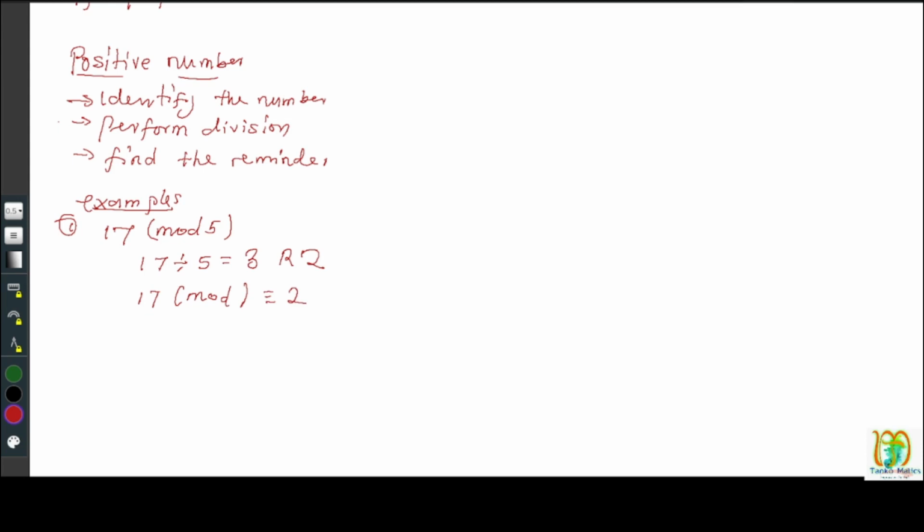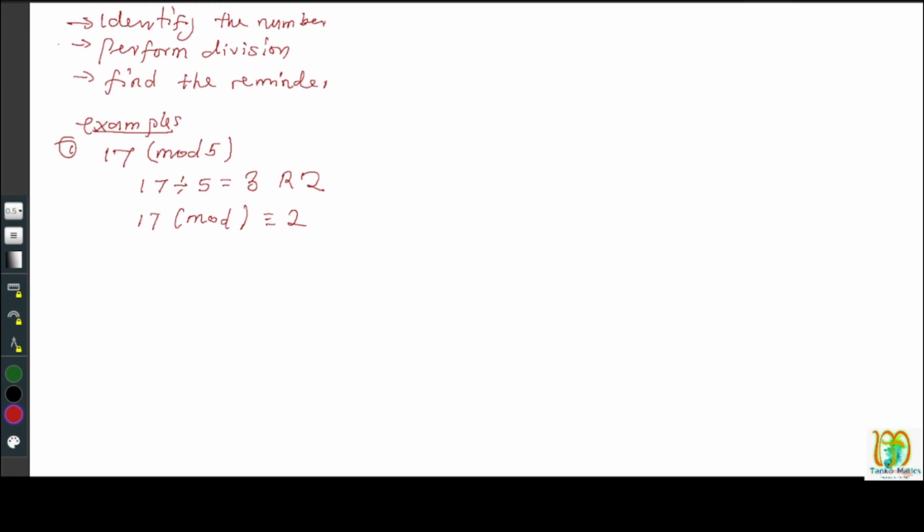Example 2: say you have 27 mod 7. That is 27 divided by 7, which equals 4 remainder 1, and that means 27 is congruent to 1 mod 7.